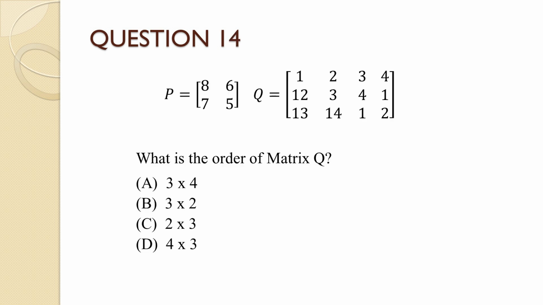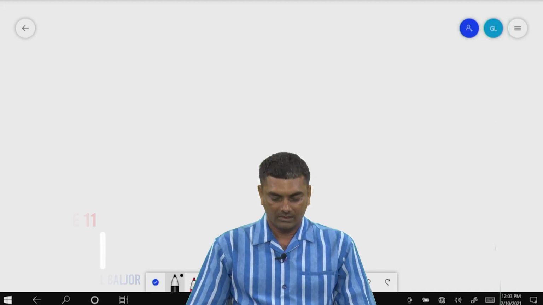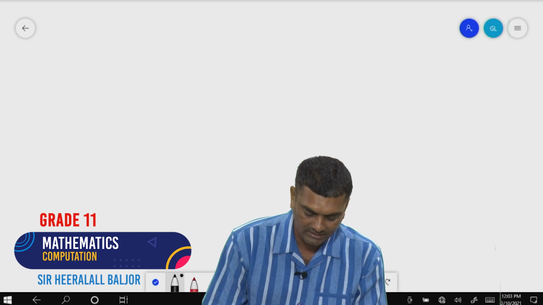If P equals 8, 6, 7, 5, and Q equals 1, 2, 3, 4, 12, 3, 4, 1, 13, 14, 1, 2, what is the order of matrix Q? Now we have two matrices here.